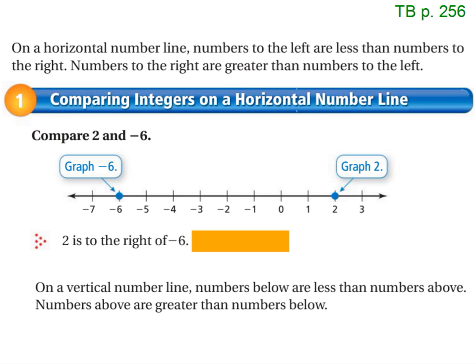Okay, we're now going to talk specifically about the number line. Now, all of you know on a horizontal number line, numbers to the left are less than numbers to the right. As I move to the right on my number line, the numbers get bigger. So when I start at my -6, if I move to the right, everything to the right of -6 is bigger.